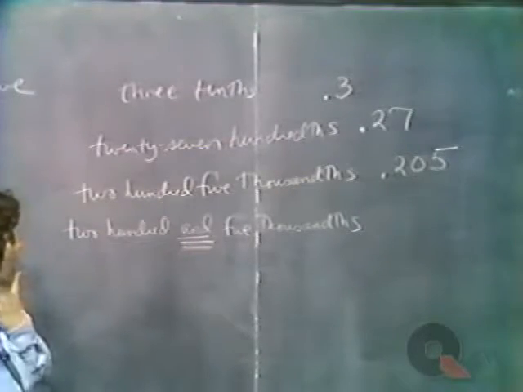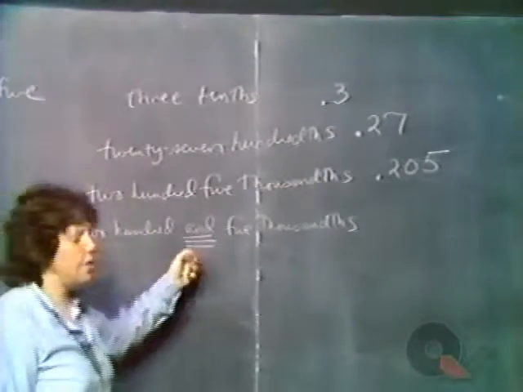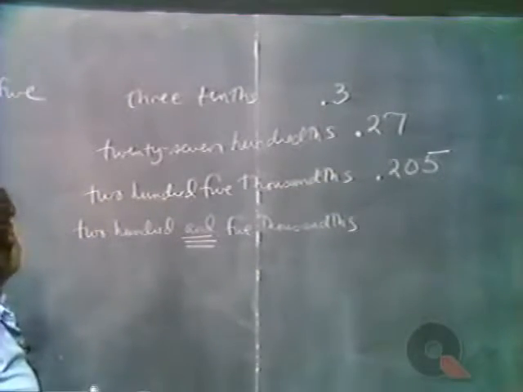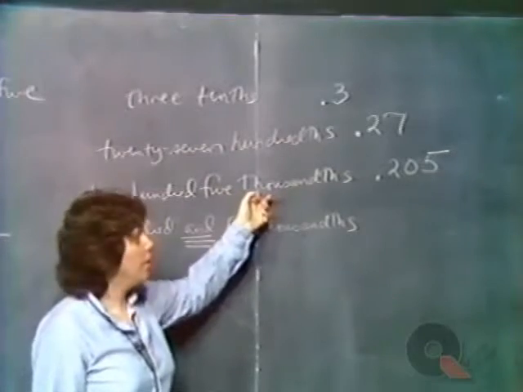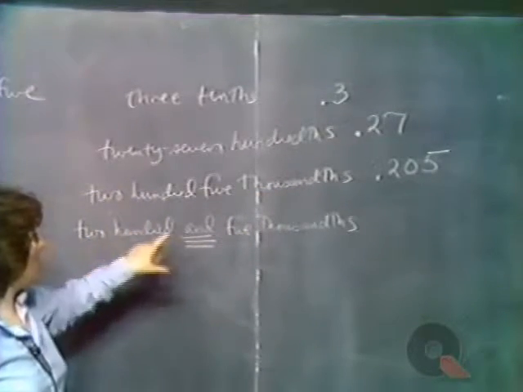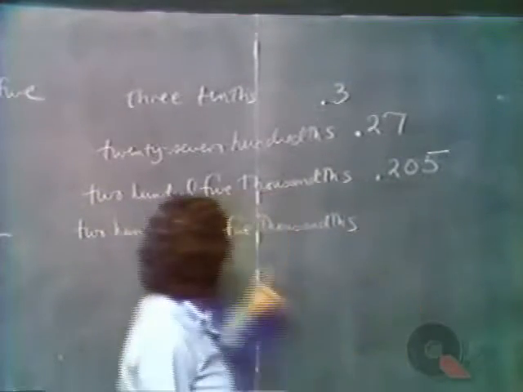When you're writing numbers in words, and is reserved for the decimal point. I realize that very often we speak 205, and we mean 205. But if I want 205 thousandths, 0.205, I would write it that way.